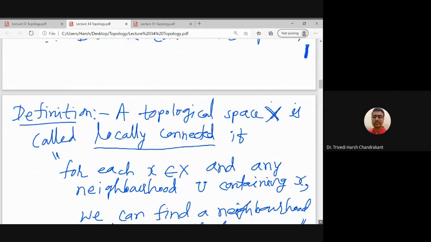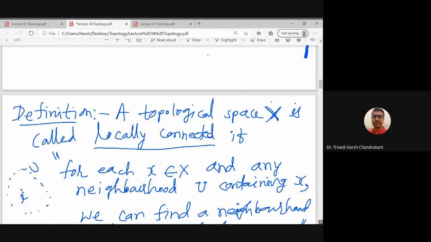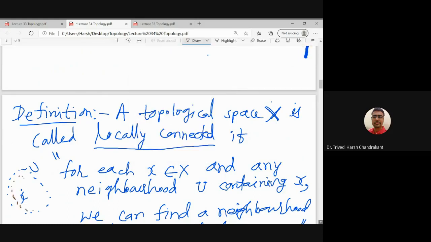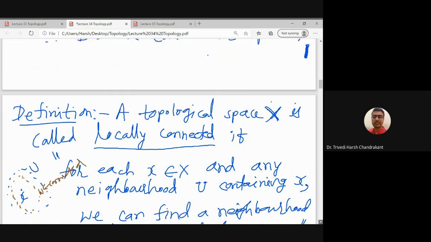So what this result says is that if I take any point X in the topological space X, and if I take any neighborhood U of X, then I can find another neighborhood of X, let us say W, and W is a connected subset of X. Whenever the topological space X satisfies this property, we call such a topological space locally connected.